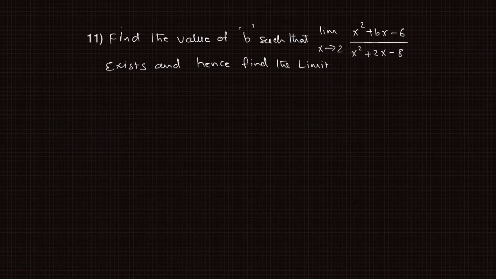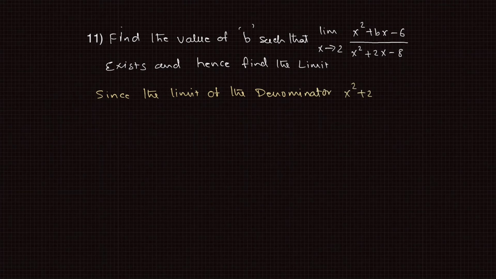Find the value of b such that the limit exists, and hence find the limit. Since the limit of the denominator as x approaches 2 is equal to 0 when x equals 2 is plugged into x squared plus 2x minus 8, the numerator also must be 0 because the limit value of this function exists.